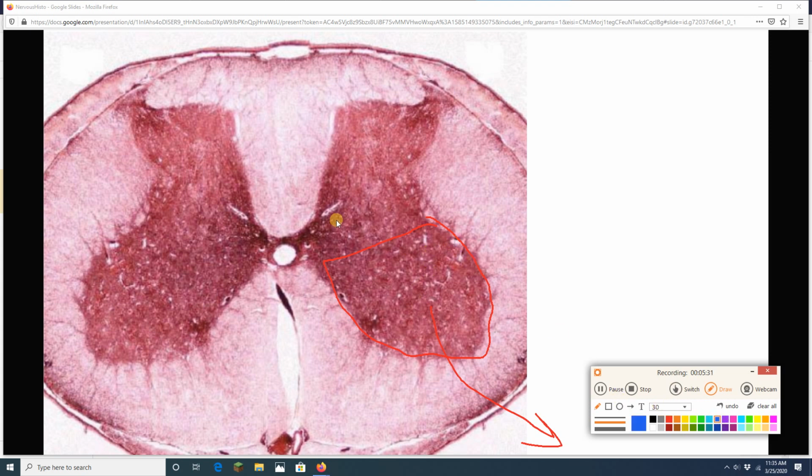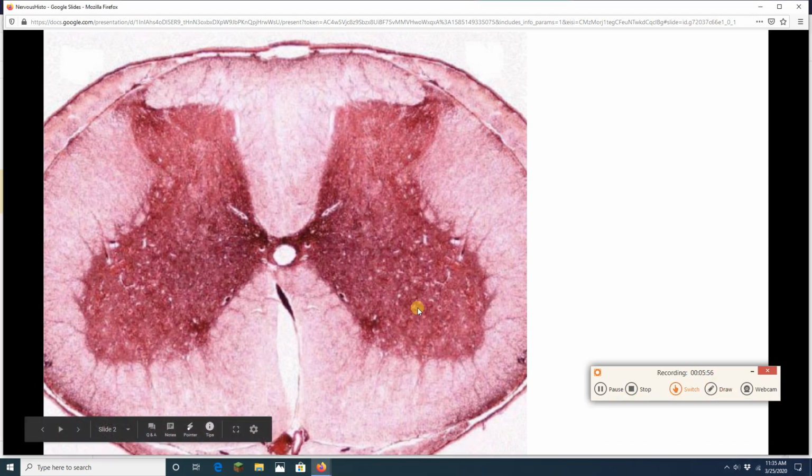We are also going to see the dorsal horn. The dorsal horn is where sensory neurons are coming in. Their axons go in because they're going to be afferent. Awesome. So I think that is everything we're responsible for on this slide.